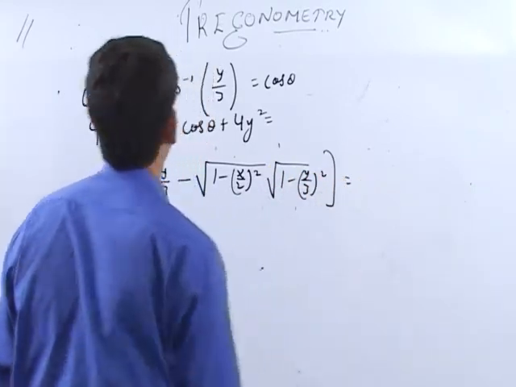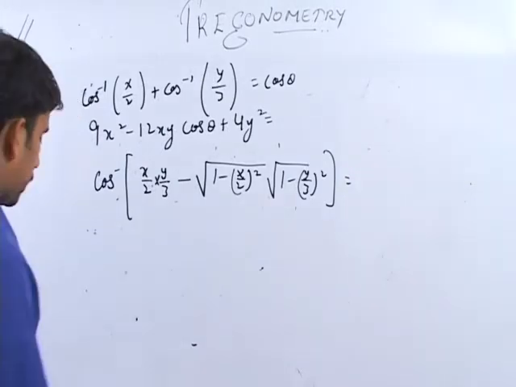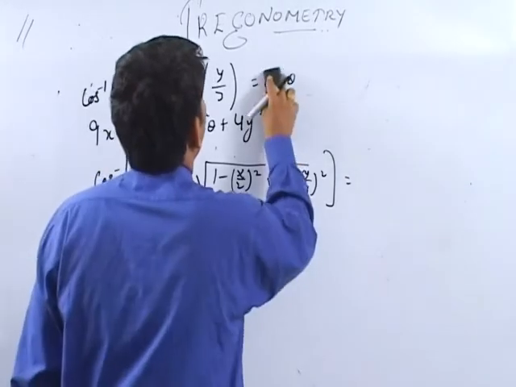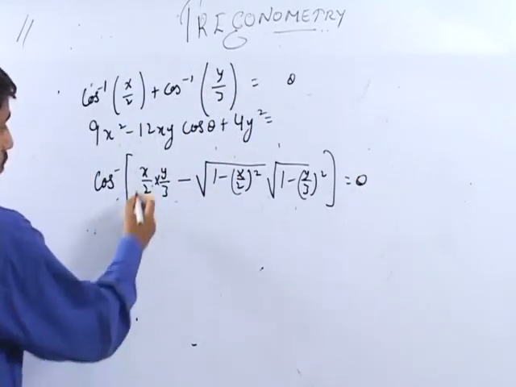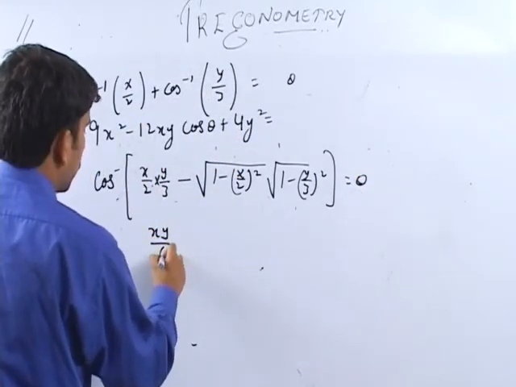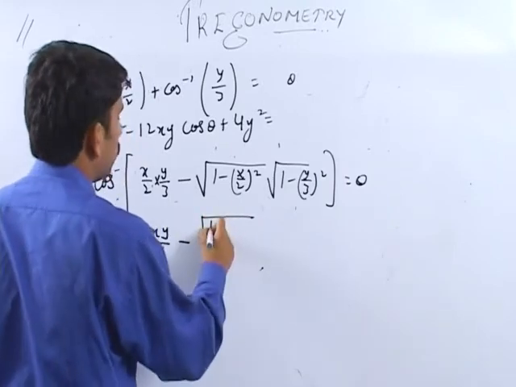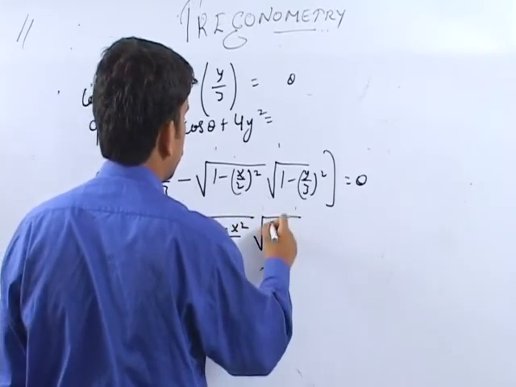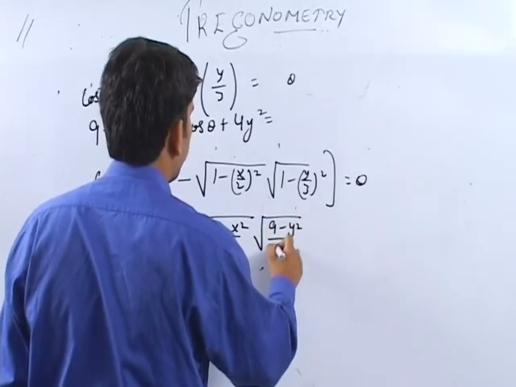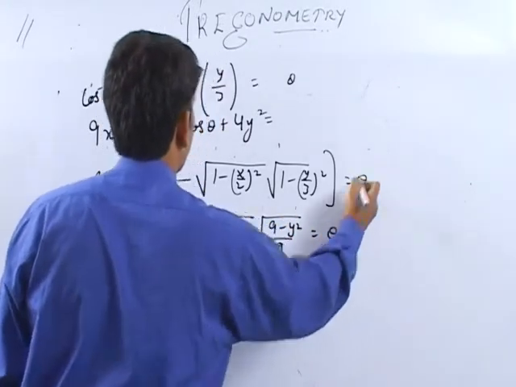This will be equal to theta. Now when we multiply it, xy by 6 minus under the root 4 minus x square by 4, under the root 9 minus y square by 9, will be equal to theta.